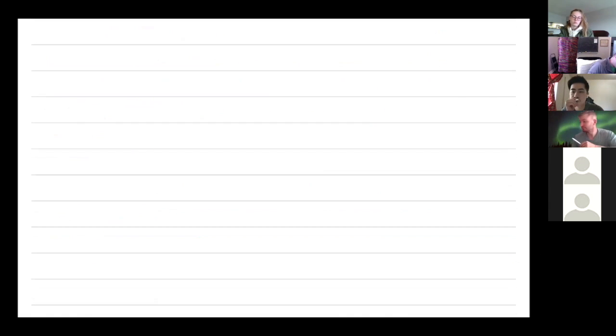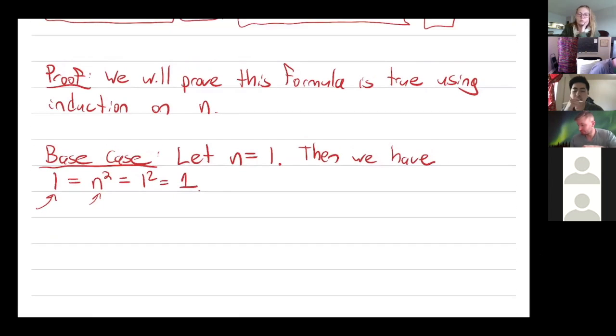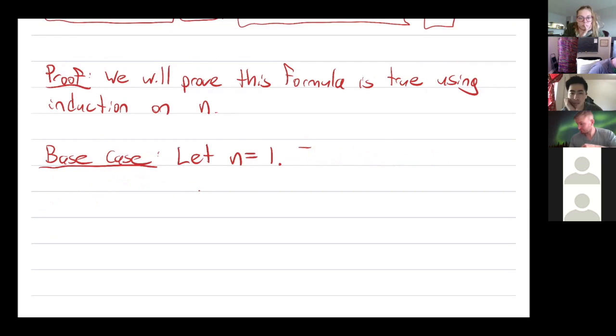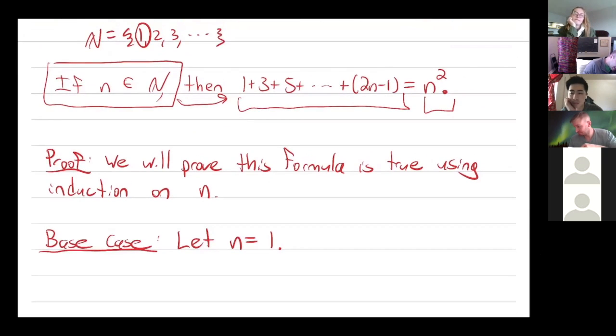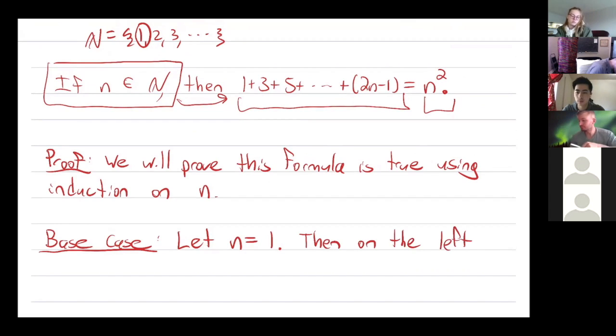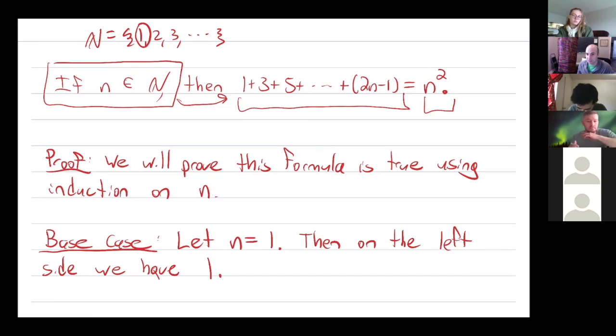So let me just say, if you want to do this really systematically, let me do it that way. What I just wrote, nothing wrong with that. But we could say, okay, if n is 1, on the left side, we have only one thing.